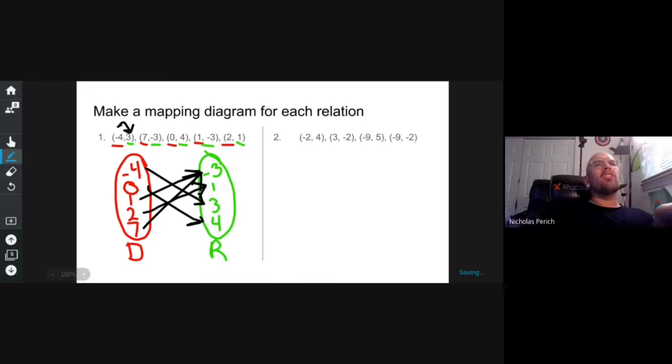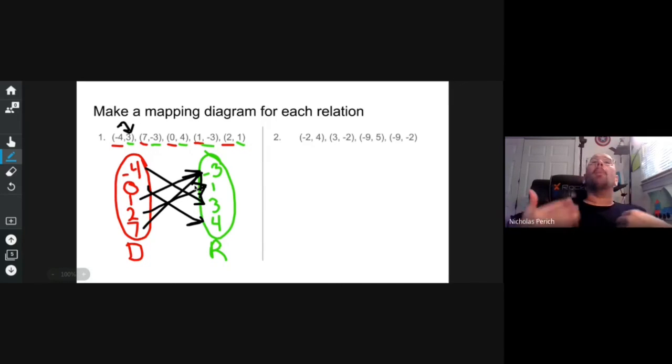So it looks kind of messy. But again, on the left side I have my domain, which is the x values. On the right side I have my range, which is the y values. And depending on the point, I say -4 goes to 3, 7 goes to -3, 0 goes to 4, 1 goes to -3, 2 goes to 1.